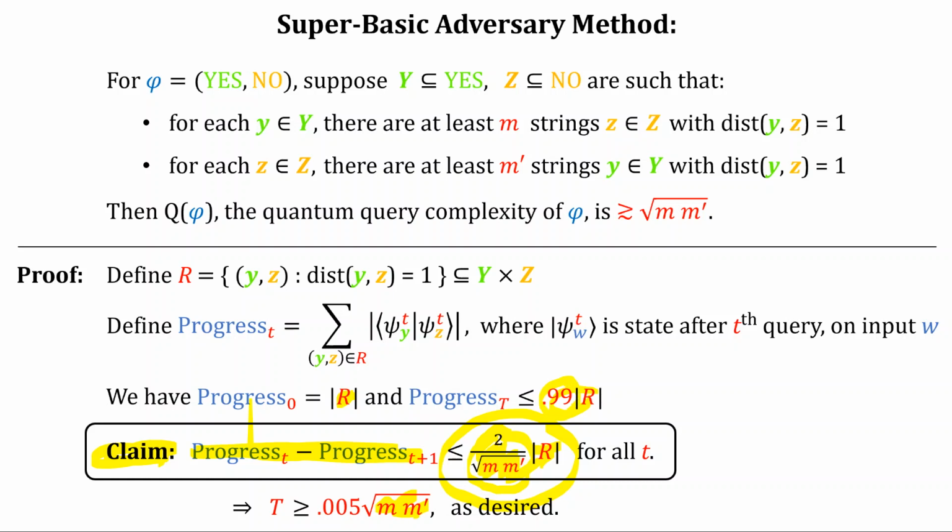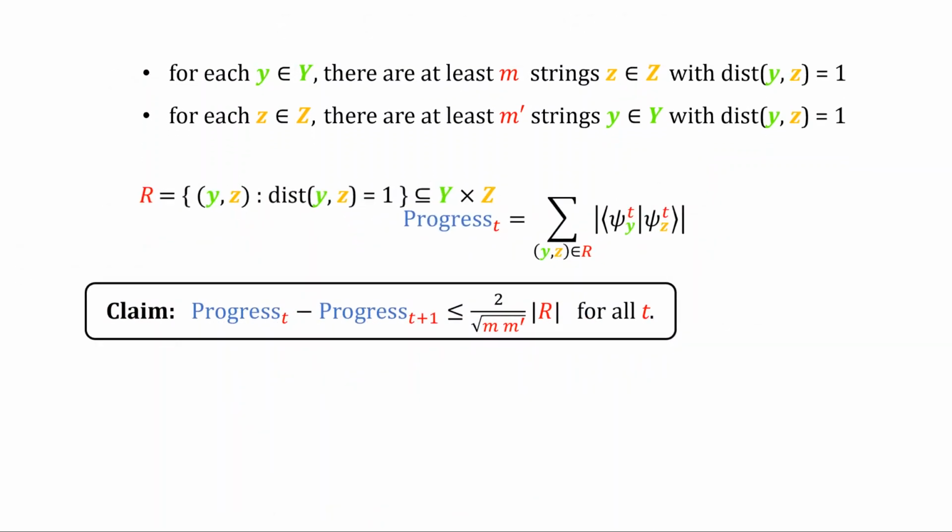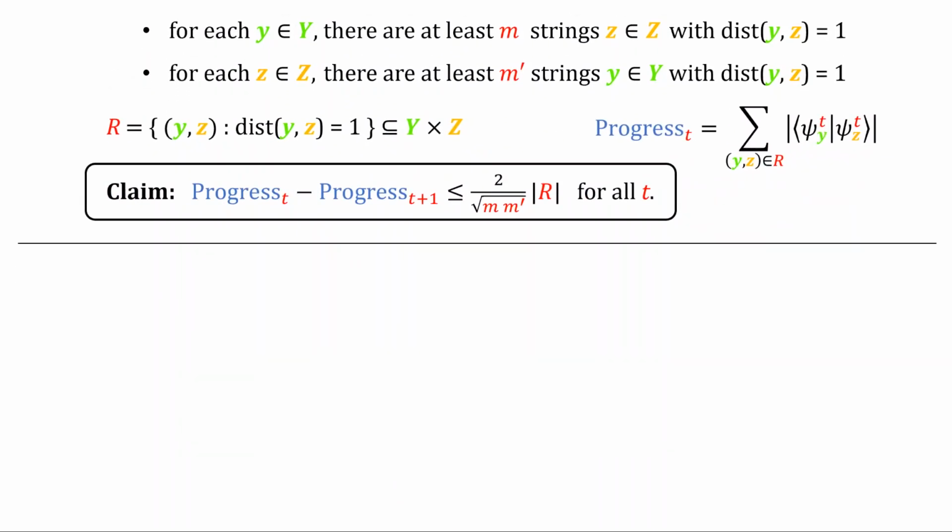It basically shows that capital T, the number of queries the algorithm makes, has to be at least proportional to the reciprocal of this tiny amount. In other words, proportional to root m m prime, which was our goal. Great. So this claim, if we can show it, will complete the proof of the theorem about the super basic adversary method. So let's collate all the pieces up here on top and turn our minds to proving the claim.